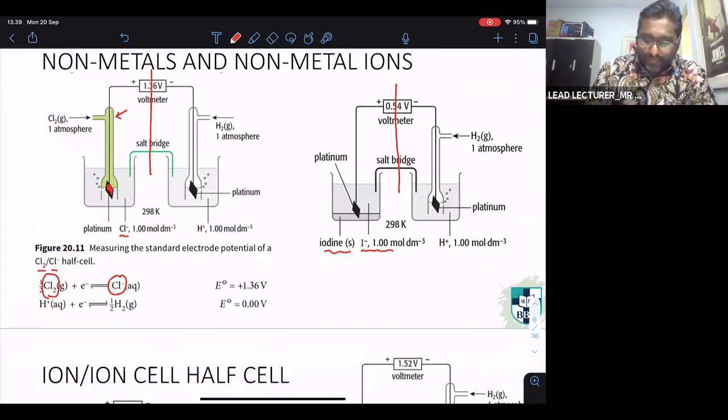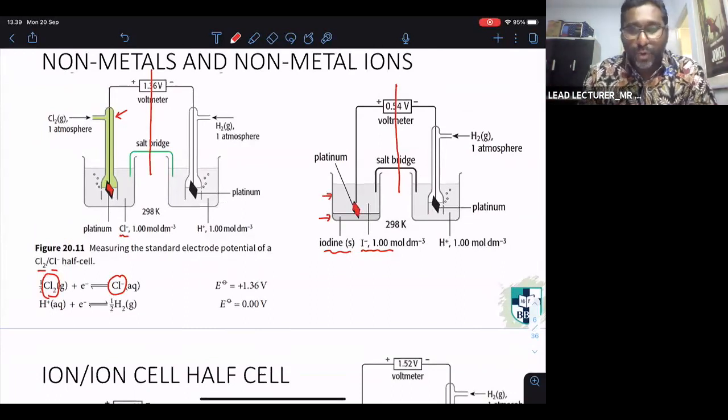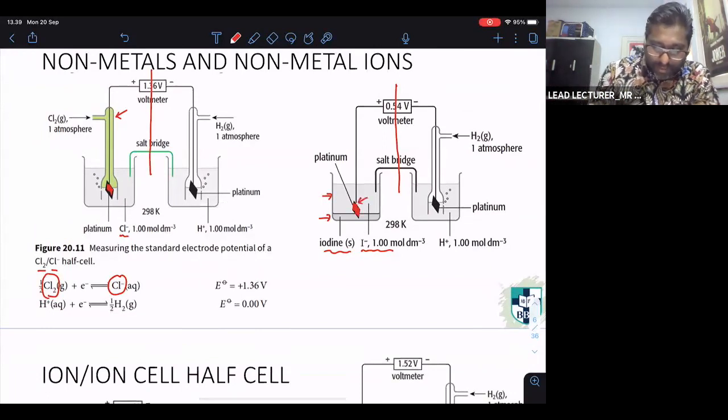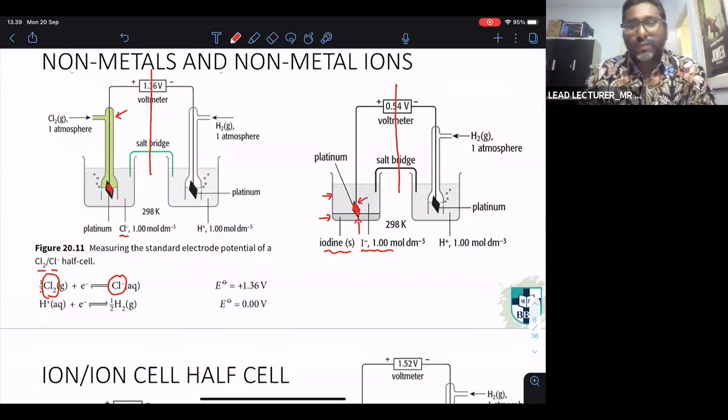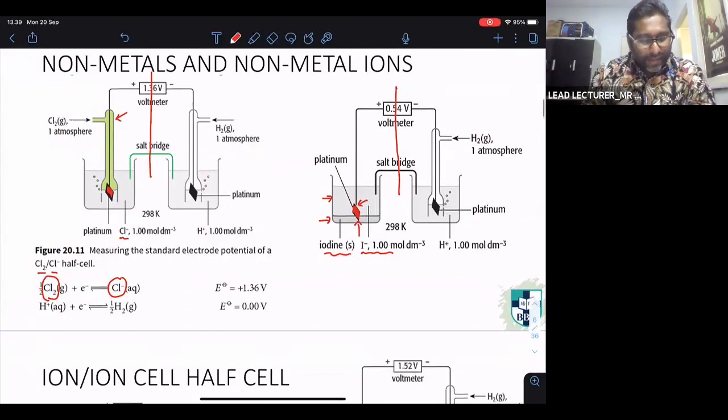Therefore, the solid will be at the bottom and you put the ion at the top. You make sure that the platinum wire comes into contact with both I minus and I2 solid, and then you draw. So this is an example of non-metal and non-metal ion.